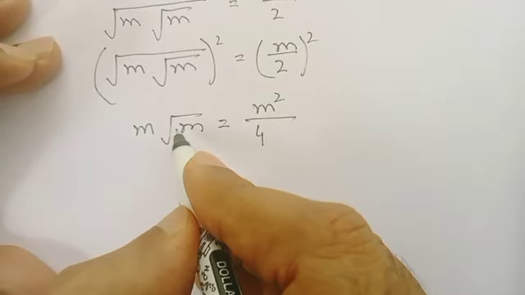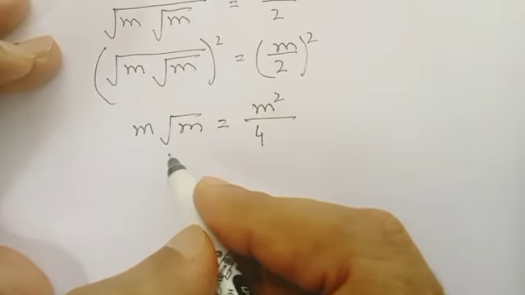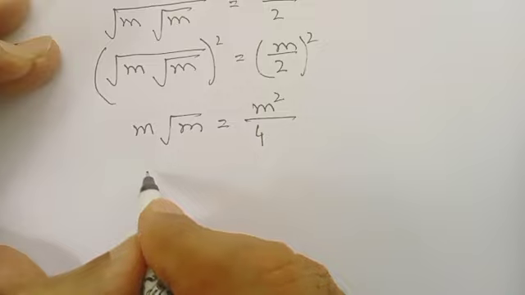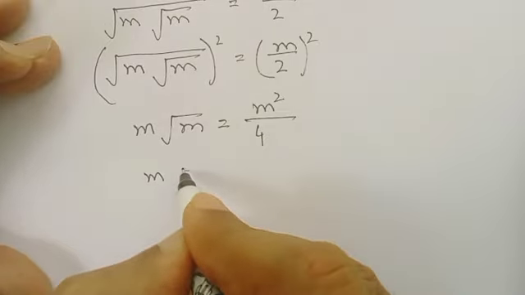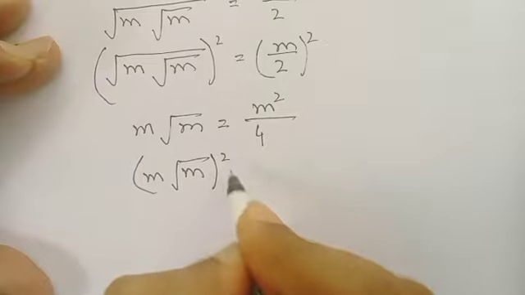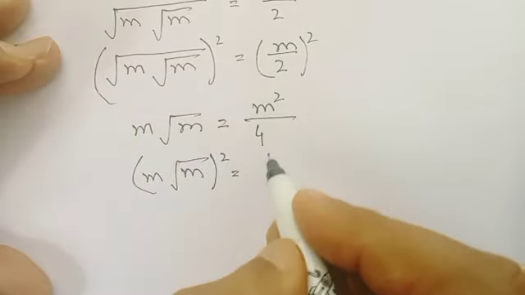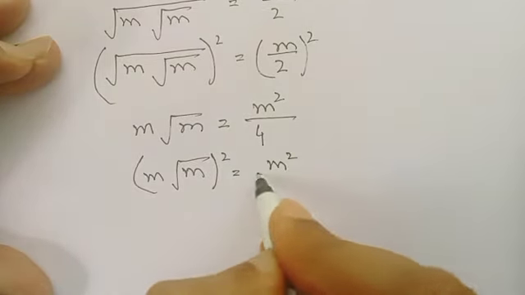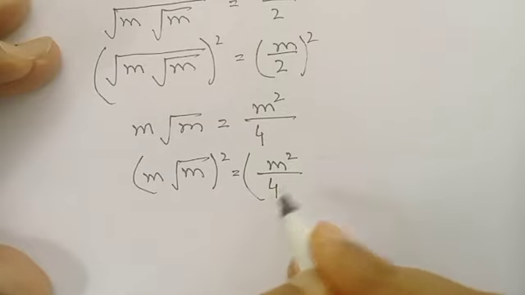To remove this square root, we will again take the square of both sides of the equation. So the left side squared equals (m squared over 4) squared.